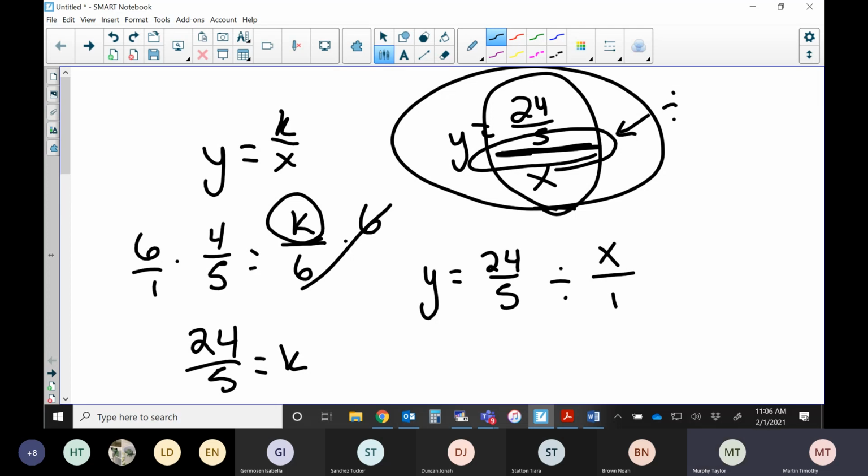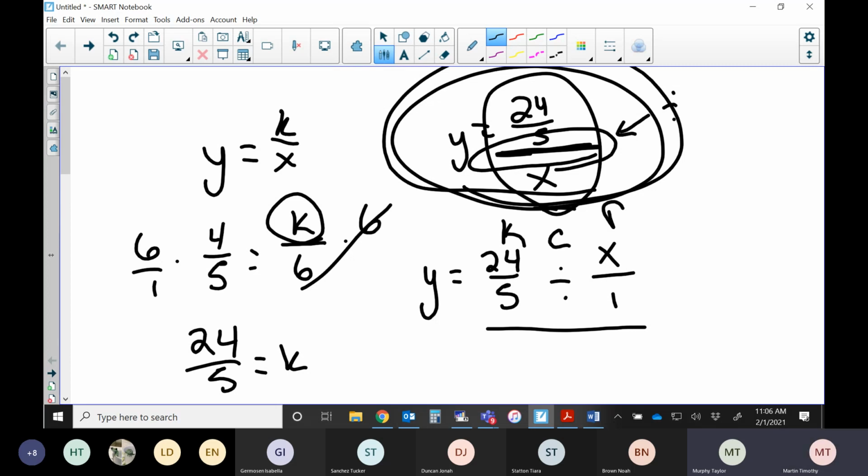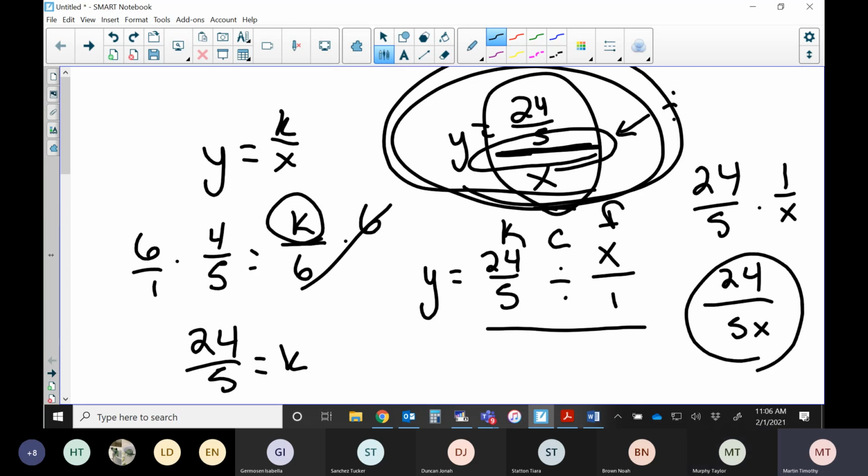Because, like I said, you won't see this answer choice. But when you see it like this, what do you know you can do? Keep, change, flip. Because we don't divide fractions, right? And so this becomes 24/5 times 1 over x, and then we will see 24 over 5x, and that is one of my answer choices. Oh, okay.